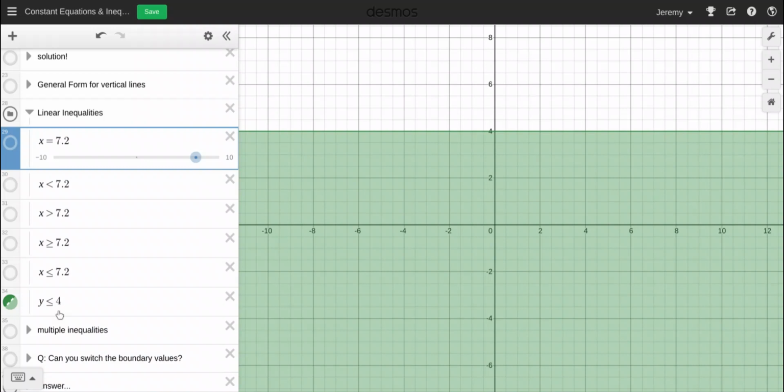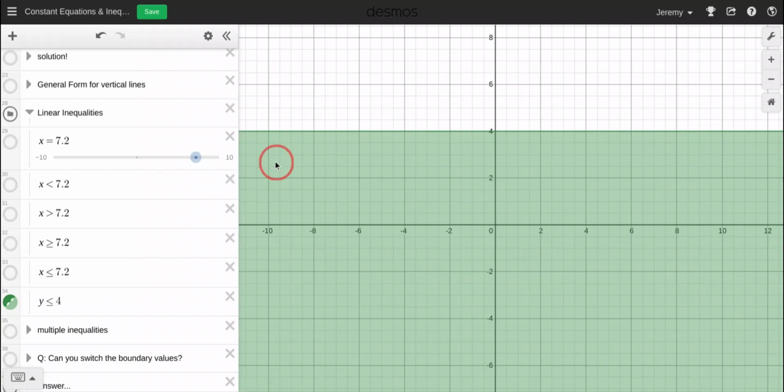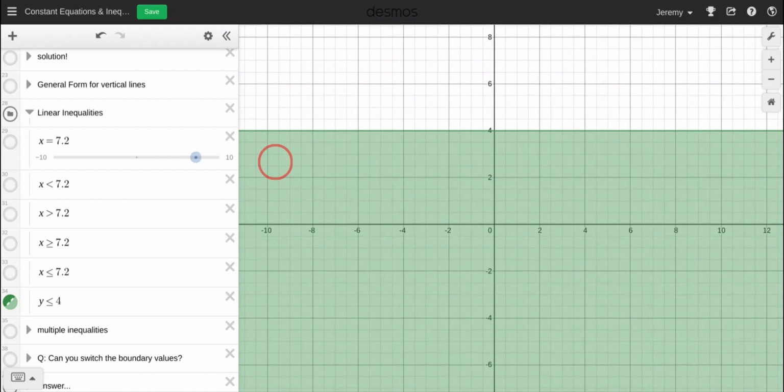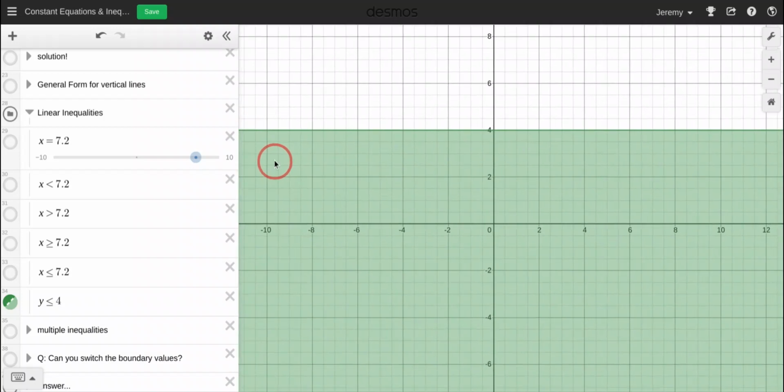And so what do all the points that are shaded green have in common? They all have points like this one right here. It's going to be (-2, -2), which means its y value is less than 4. How about over here? This looks like (-10, 3)-ish, and that y value, 3, is less than 4.